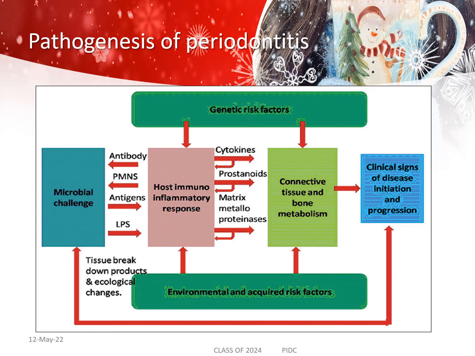But when this balance is disrupted, connective tissue damage occurs and bone metabolism gets altered, resulting in clinical signs of disease initiation and progression. So this is a two-way relationship. When microbial challenge is present, there are going to be clinical signs of disease initiation and progression.